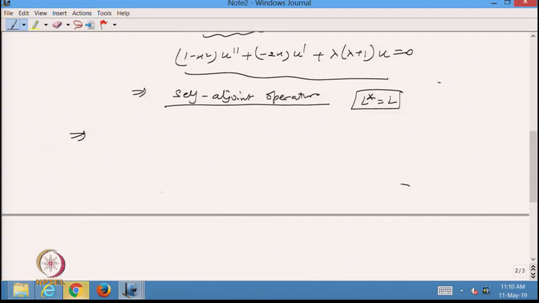Now we will go further and apply another equation, which is called the Sturm-Liouville problem.